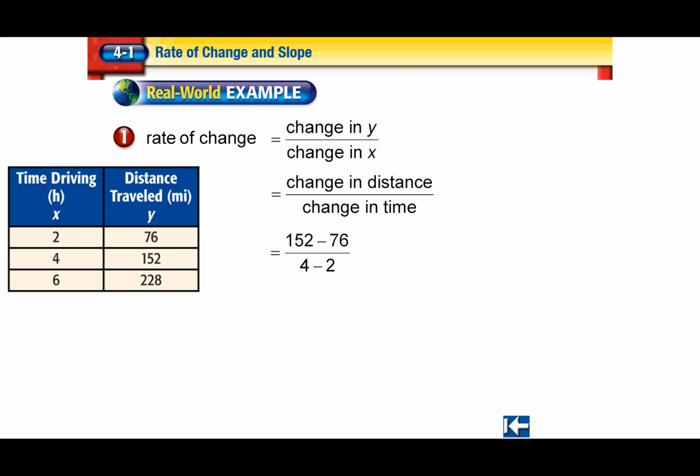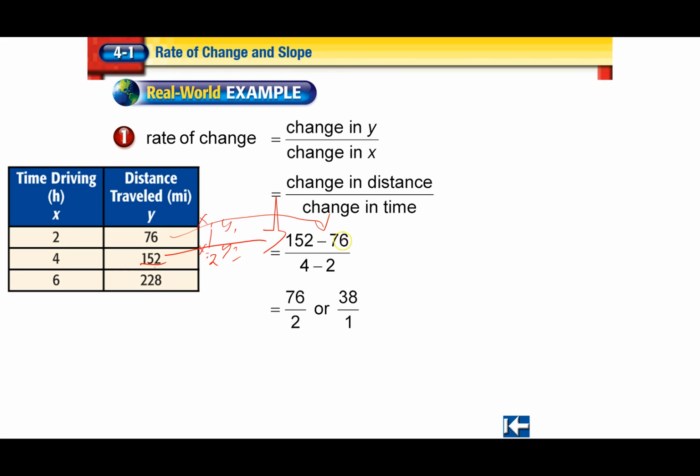I'm just going to take the first two. So 152 goes here and 76 goes here. I'm calling this 2 and this 1, so this is x1, y1, and this is x2, y2. That's how I put those into the formula.